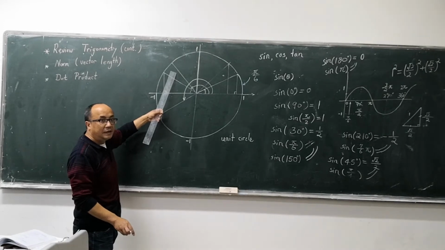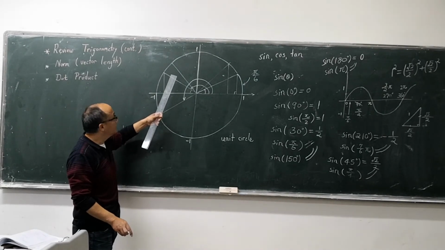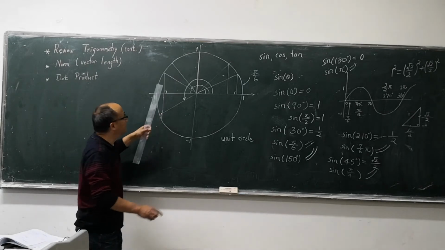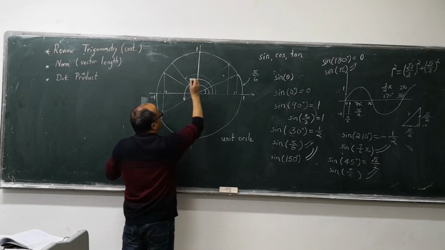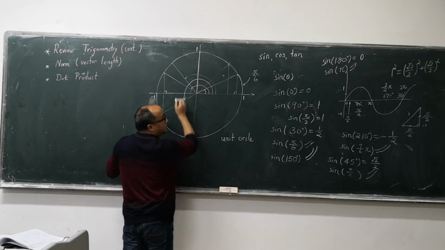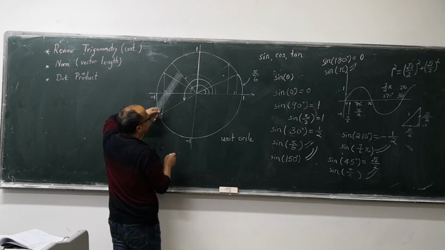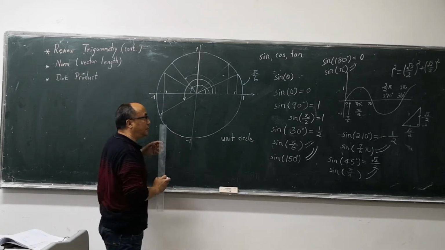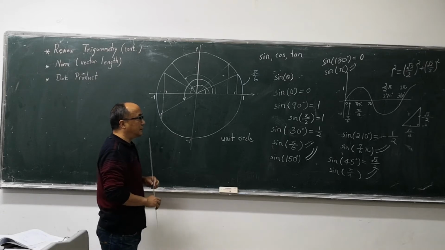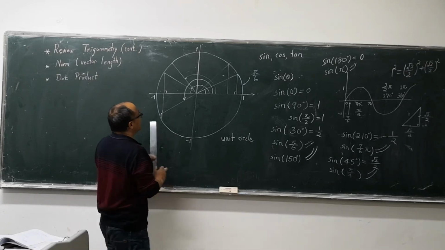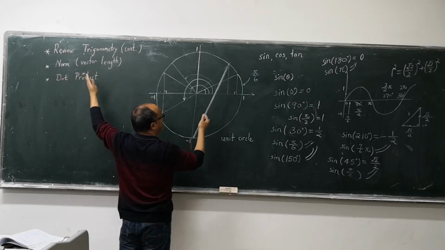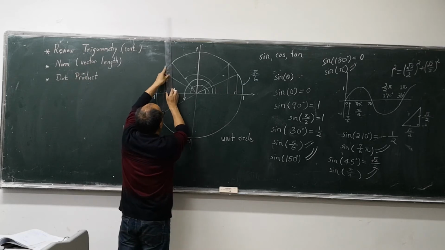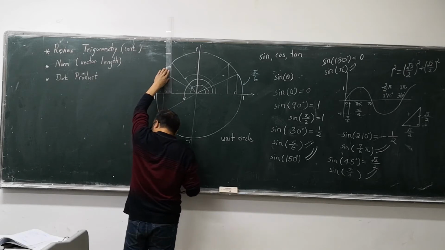Can you tell me which line it is equal to? 135 degrees is 90 degrees plus 45 degrees. This and this have the same value. 45 degrees and that one are the same value.